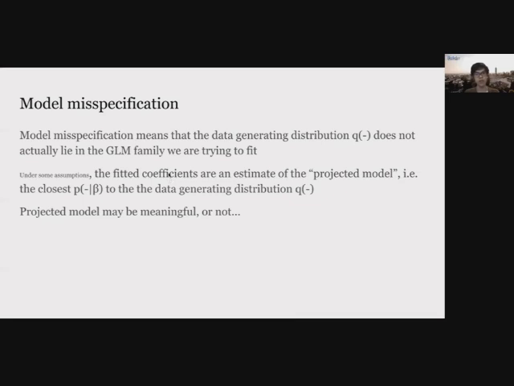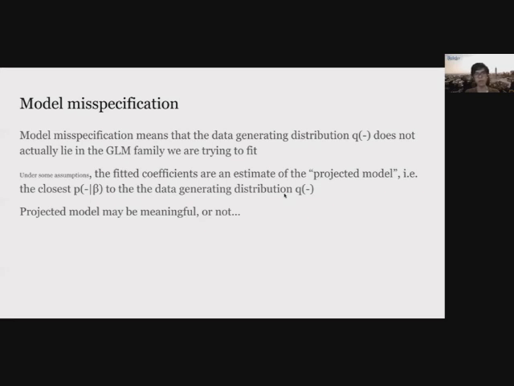Okay, so it's estimating something. It's not estimating the true model, but instead it's estimating what is called in the literature the projected model. Okay, and this is, in other words, the closest distribution in our GLM family, P parameterized by beta, to the data generating distribution.